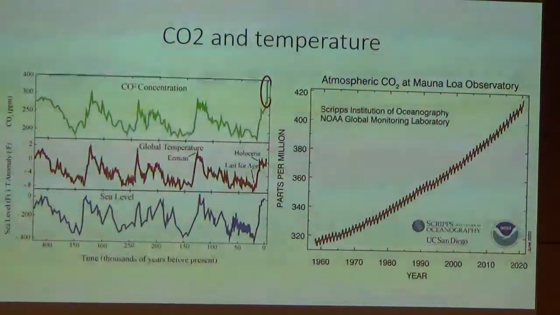The level of today's CO2 from 1960 to 2020, the last 60 years, you see that the amount of CO2 in the atmosphere has increased by more or less 25%. And it's much higher than it has been for a long time. I'm not sure how many million years ago you have to go back in time to find the same levels of CO2 in the atmosphere.